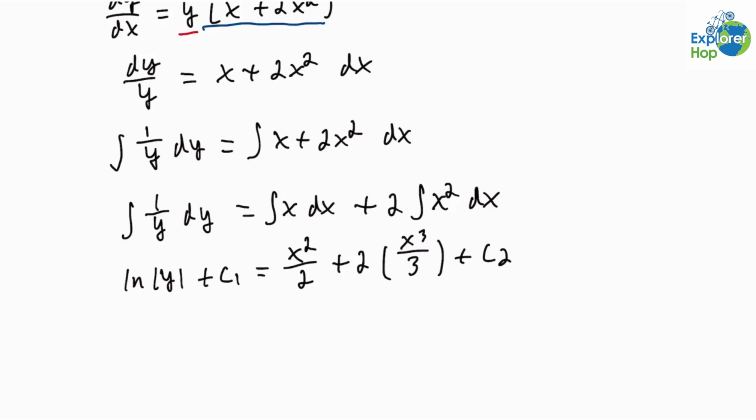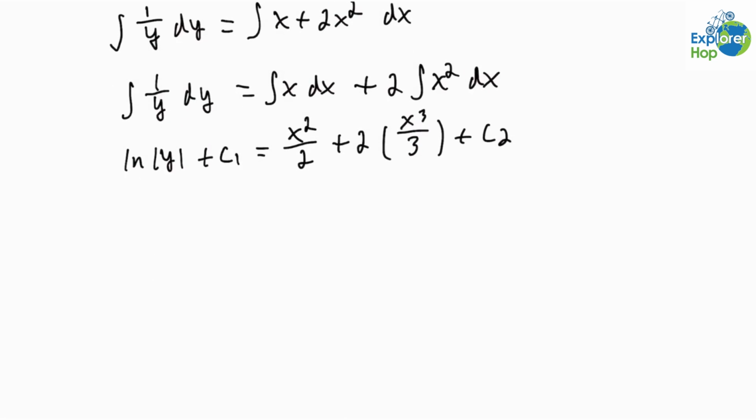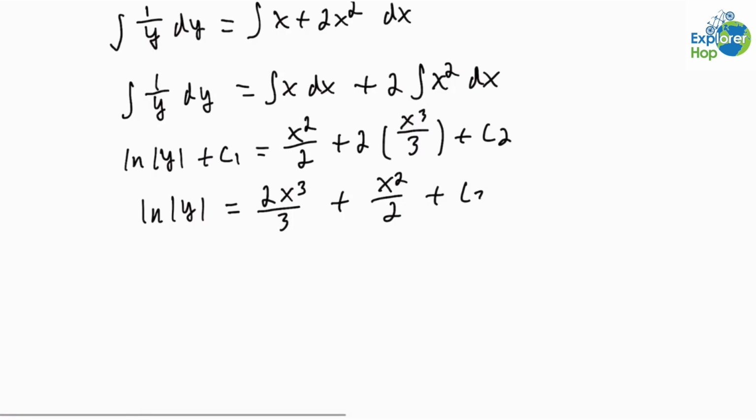Subtracting both sides by c1, we obtain another constant c3, which is equal to c2 minus c1. So the ln of the absolute value of y is equal to 2x cubed over 3 plus x squared over 2 plus some constant c3.